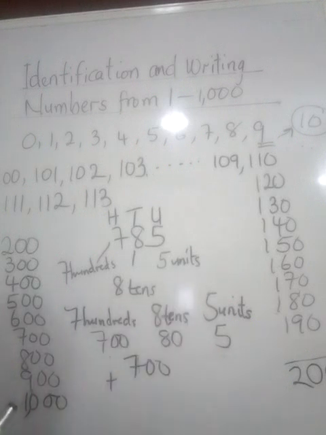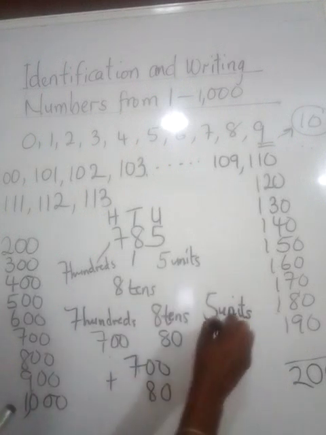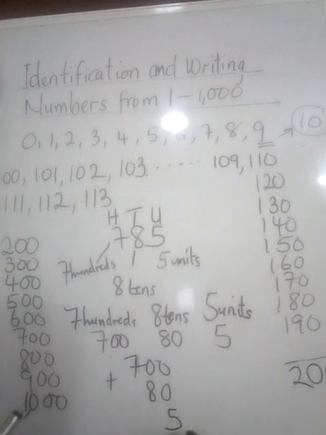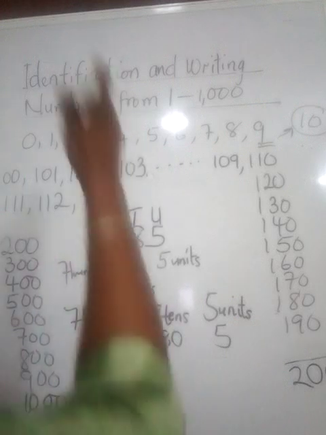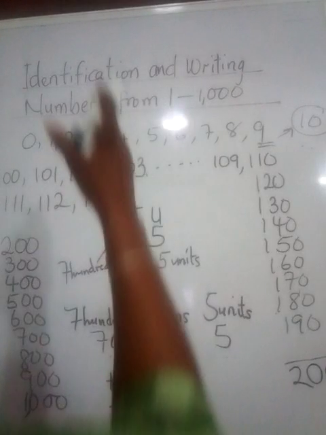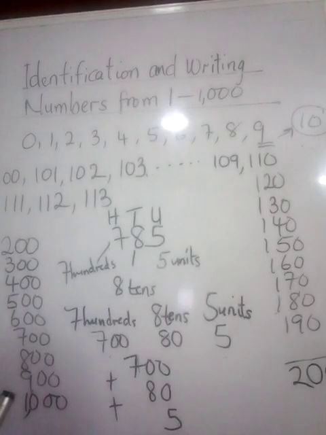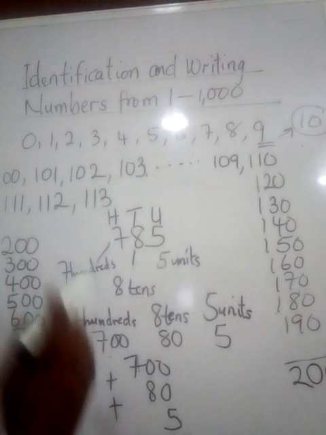Remember, we're always working from the right side, so to arrange your 80 you also start from the right side and the last number is 5. So when you are adding these numbers, your right side is always straight because the numbers are all starting from the right side. It's always aligned. Then you add. So you have 785. And what's 785?